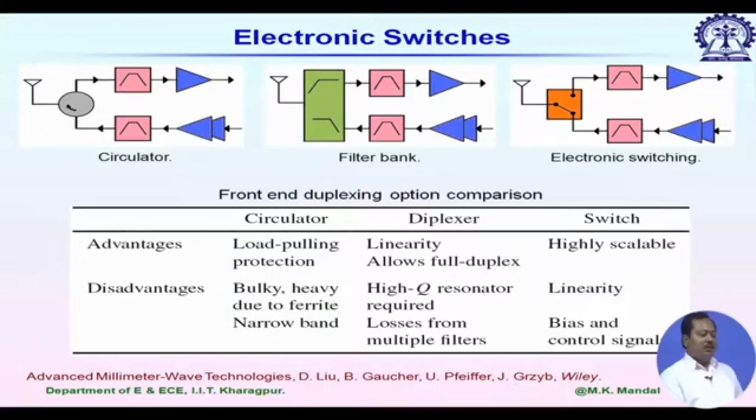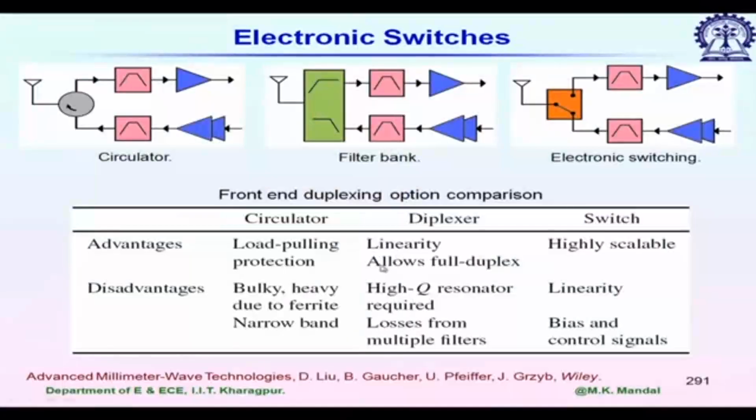So, next is the duplexer. Its advantage is its linearity. Whatever power we use, low power or high power, it won't give you any non-linear property. So, this is the main advantage of a duplexer, and it also allows a full duplex system.